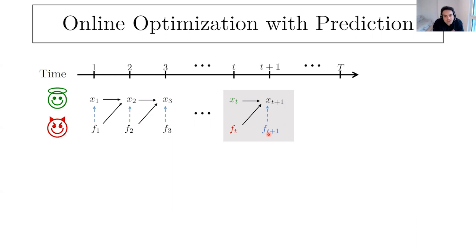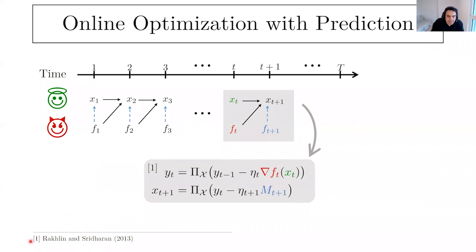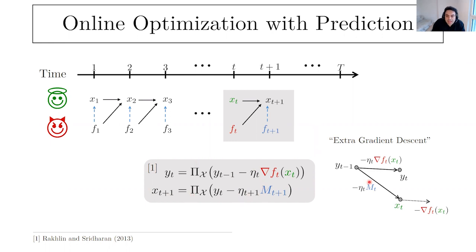So the first algorithm proposed in this context was developed by Rakhlin and Sridharan. What they propose looks like that. Again, I guess it's hard to understand what's going on here, but if I give you the geometric picture of it, it's exactly extra gradient descent, in the sense that we make a step based on this character m_t in the algorithm.